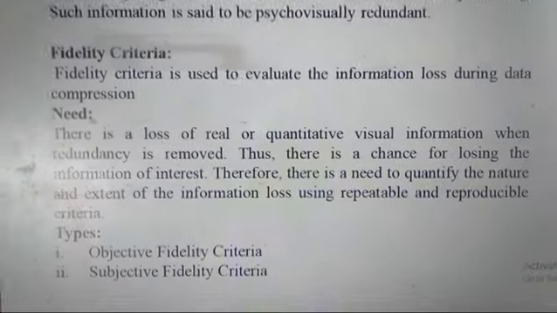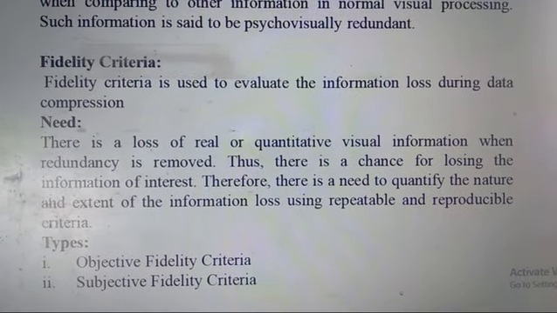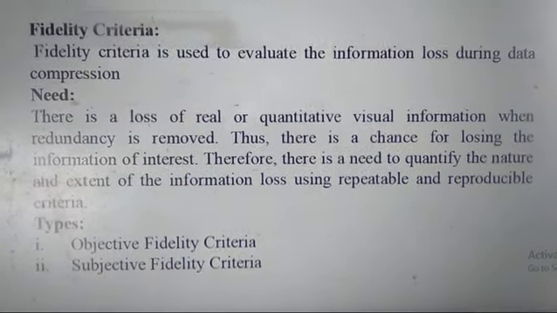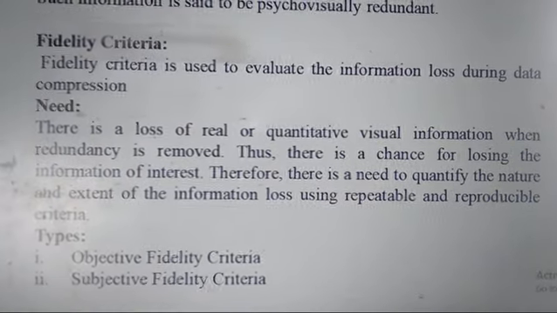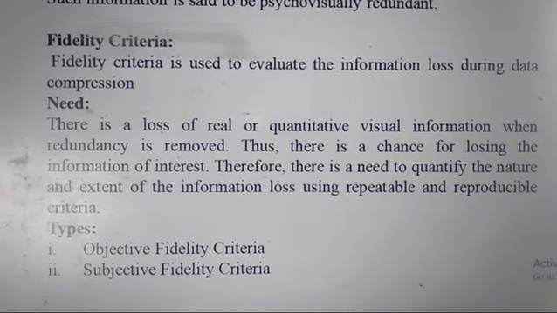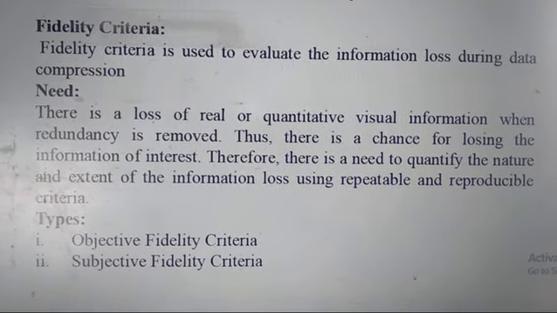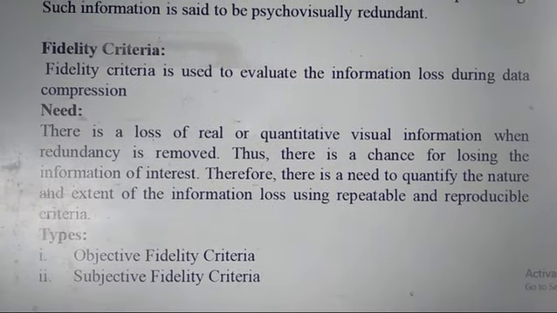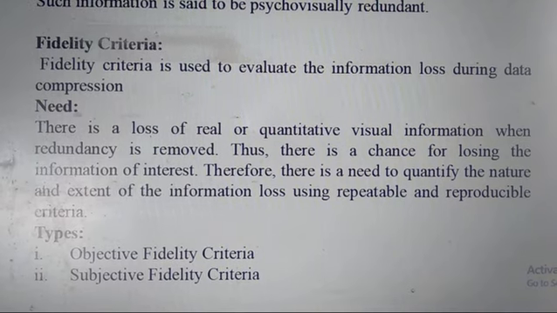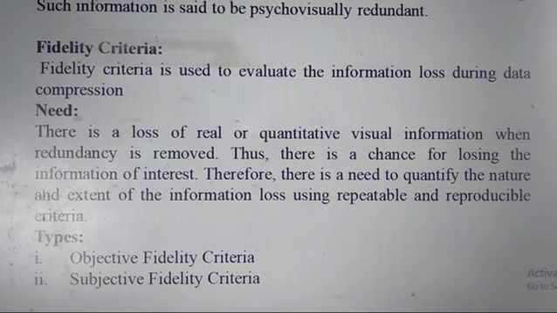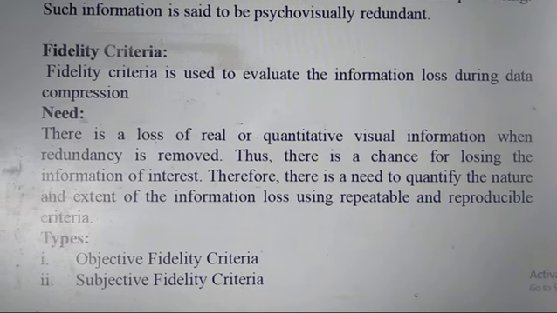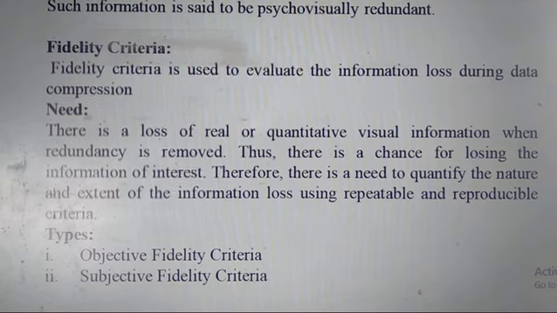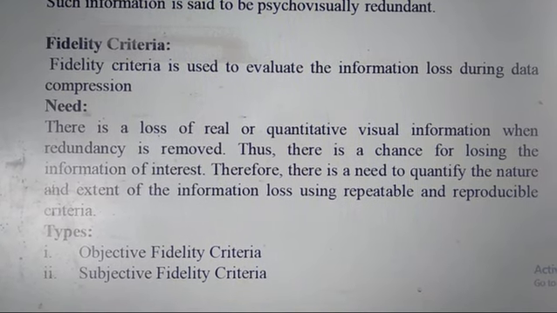Then next is the fidelity criteria. Fidelity criteria is used to evaluate the information loss during data compression. What is the need? There is a loss of real or quantitative visual information when redundancy is removed. When we apply redundancy removal to an image, at the receiver side, when we are recovering the data, there may be a loss.